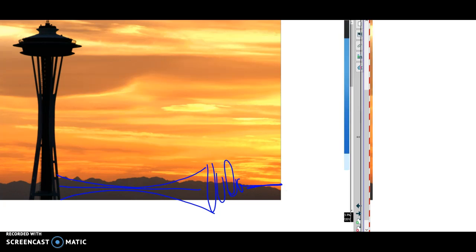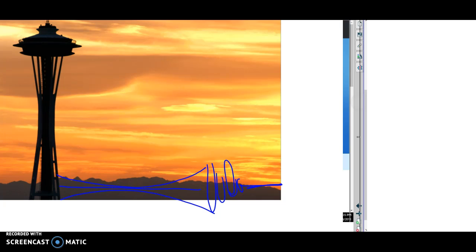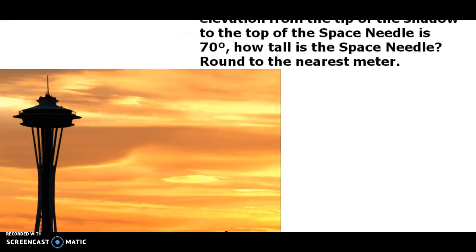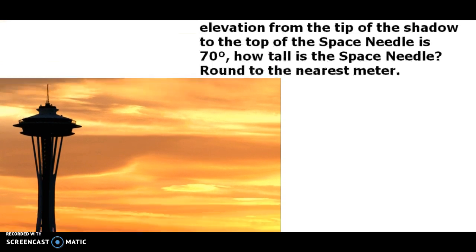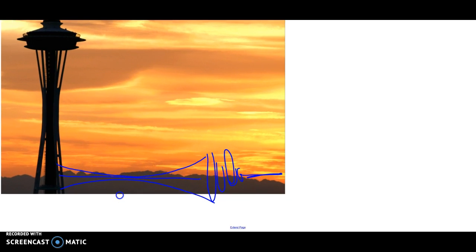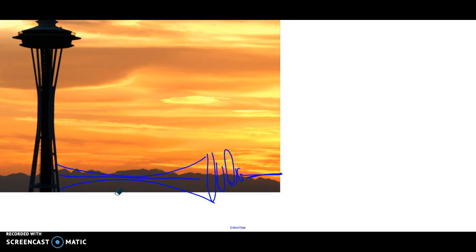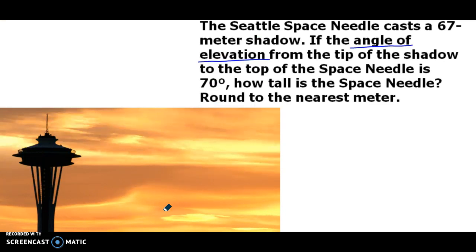That's my shadow. And how long is the shadow? It's 67 meters. So I'm going to label that as 67 meters.